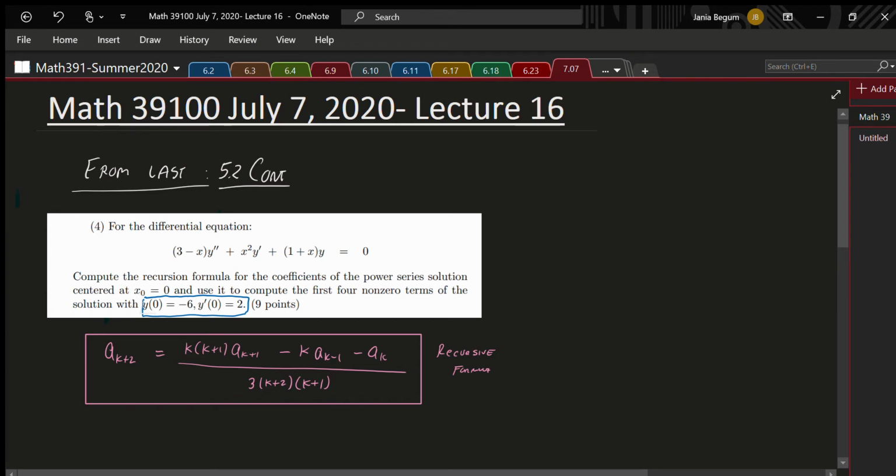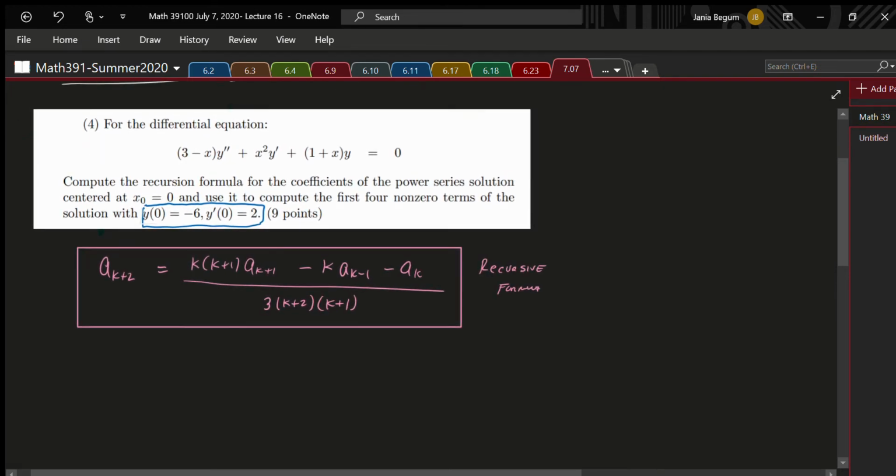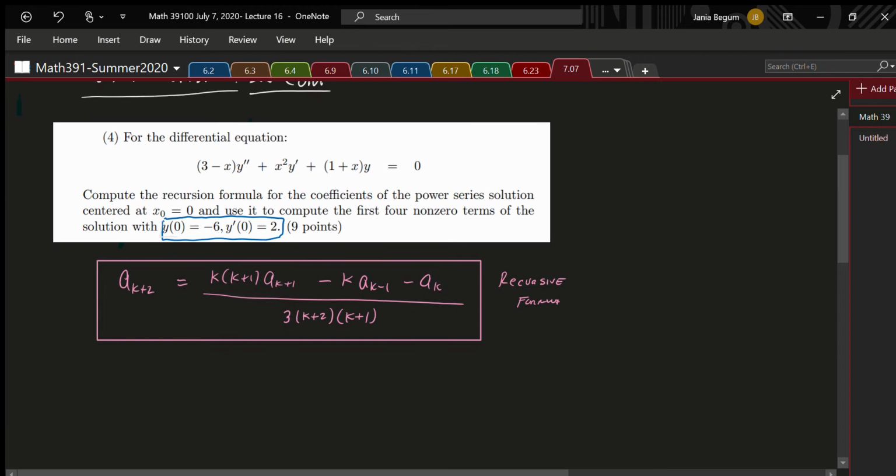So let's see, how do you use initial conditions? We know that the solution to this equation is going to be y equals a0 plus a1 x plus a2 x squared plus a3 x cubed and so on, right?